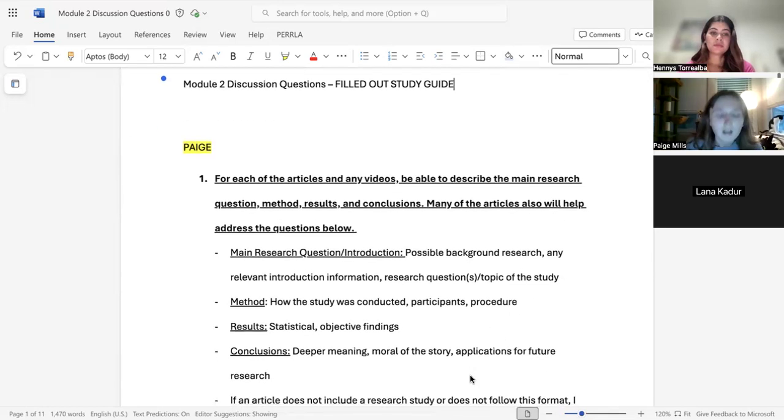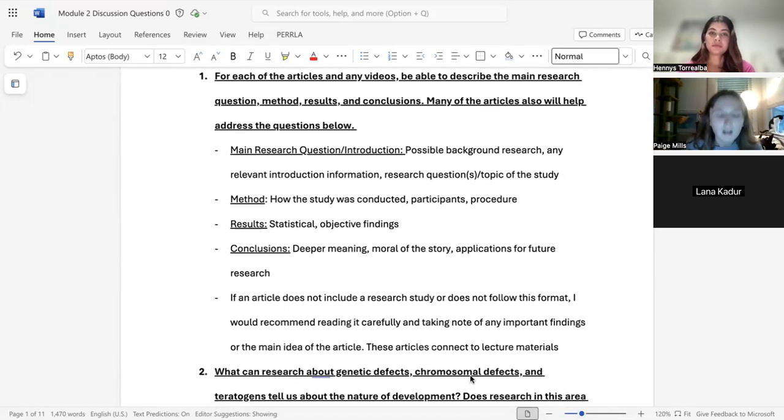For the articles, we obviously didn't go into depth about annotating them.